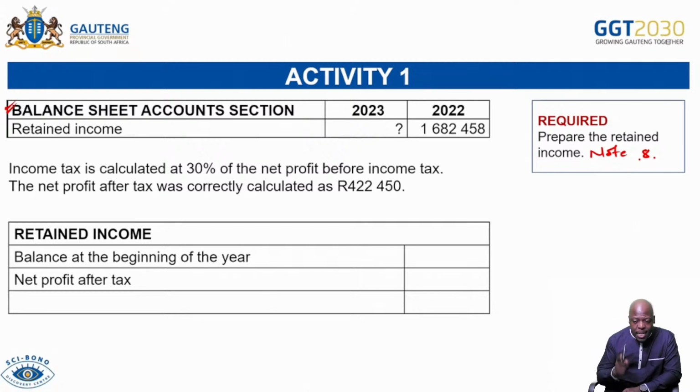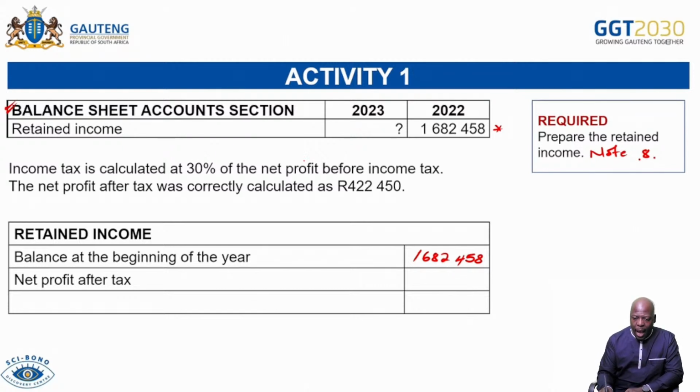So here I need to have an amount that is the balance at the beginning of the year for my retained income. And I do have 1,682,458. So I'm going to bring it here. Balance at the beginning of the year, that's my 1,682,458. That is what I have so far there.